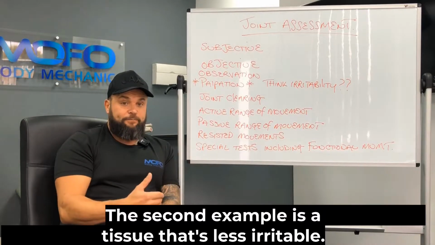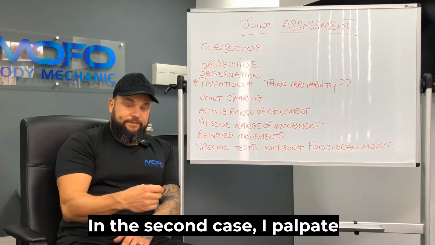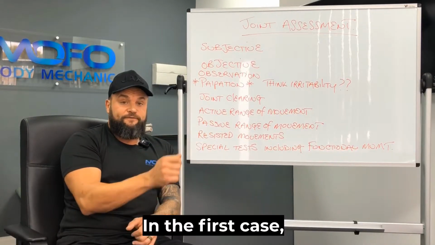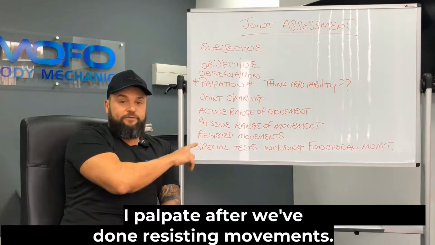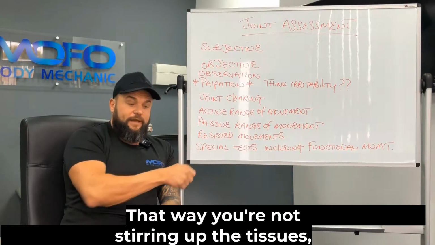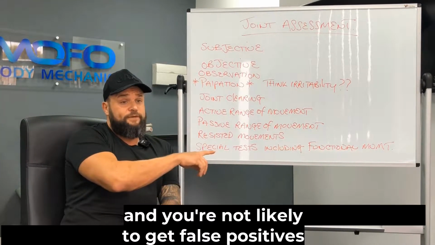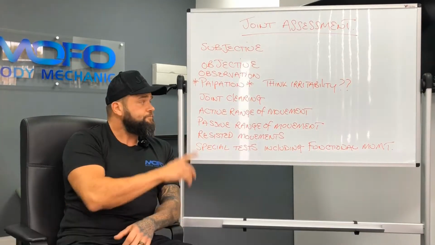The second example is a tissue that's less irritable. In the second case, I'd palpate after the observation. In the first case, when the tissue is highly irritable, I'd palpate after we've done resisted movements. That way you're not stirring up the tissues and you're not likely to get false positives when you start to move into the other parts of your assessment.